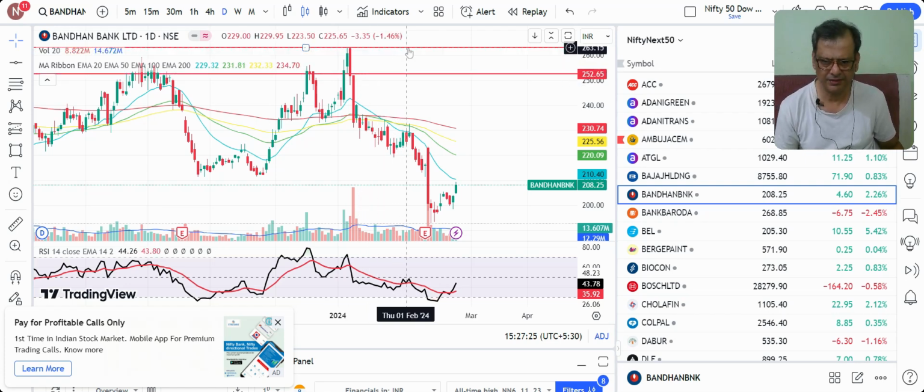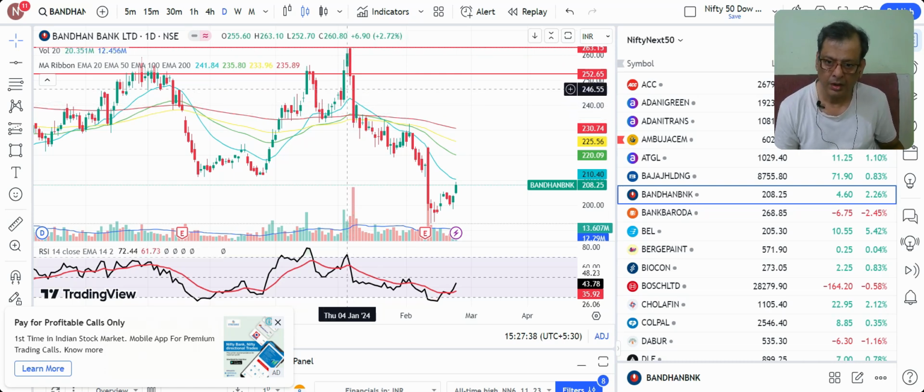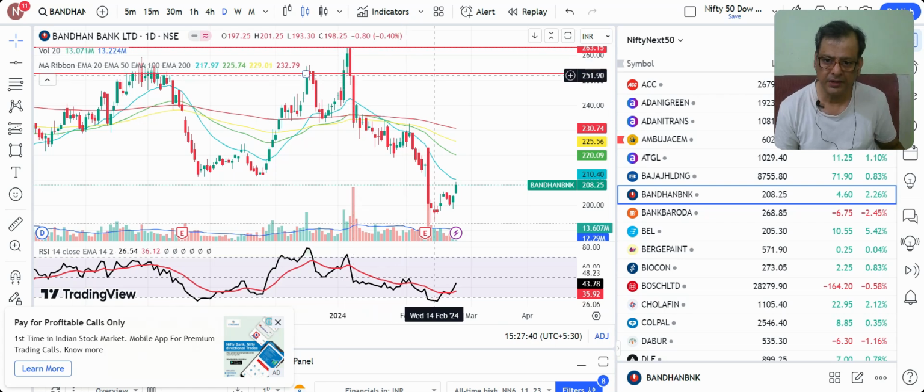Forget the colors, but here the colors are fine. If you see, this is a rally, this is a base, and this is a drop. And it continues to drop. So, you can mark this as a fresh supply zone.